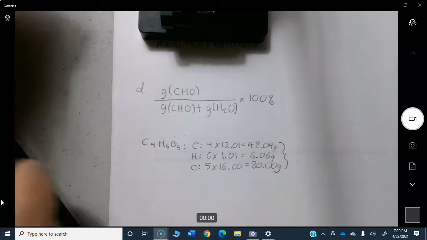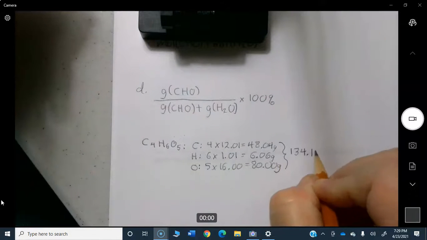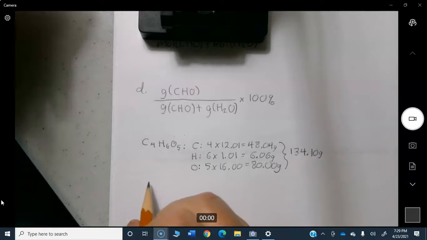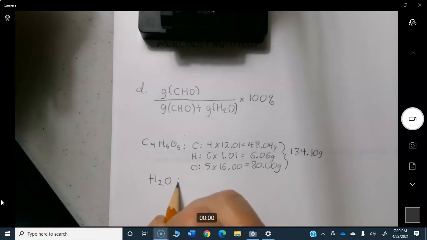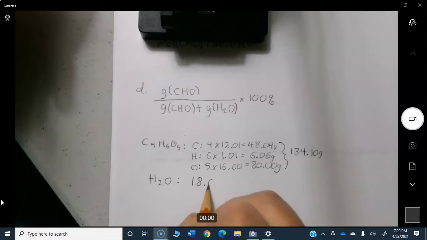Okay, we add those up. And for water, hopefully everybody knows this one by now. Don't even have to do the numbers on it. 2 hydrogens and 1 oxygen.